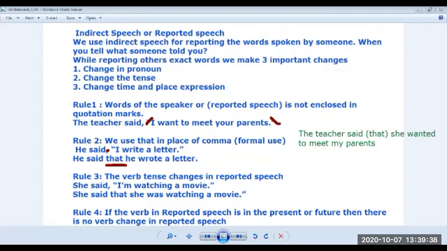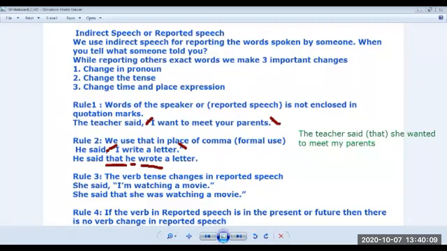Speech marks, quotation marks are gone. Instead of I, what did you change it to? He. That he. So that shows it is a male or a boy saying that thing. And write becomes past tense, wrote.